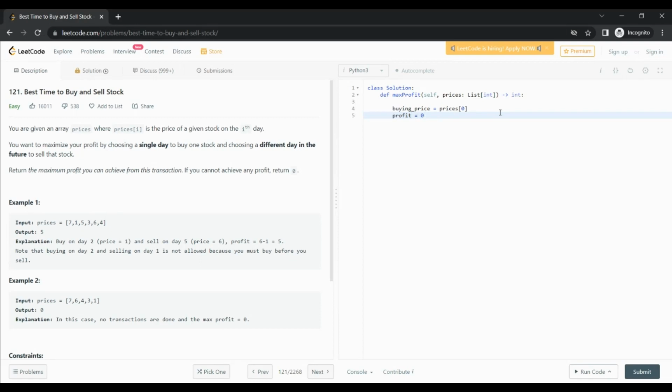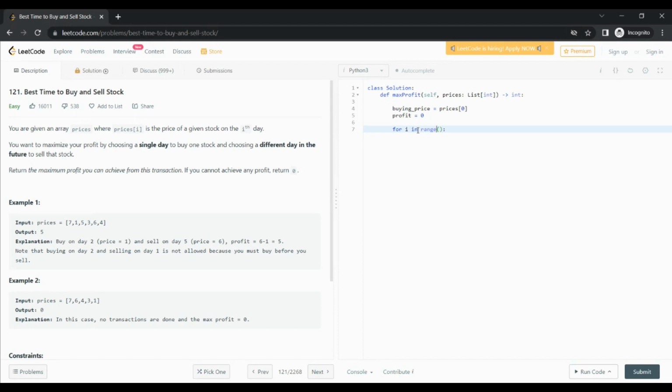Okay, awesome. Next, we want to go through the entire array as we went through in the example we saw. And we don't want to look at the first element because the first element is already defaulted to the buying price. We have no other choice when we go for the first time. So we start parsing it through the second element, which can be done like so in Python.